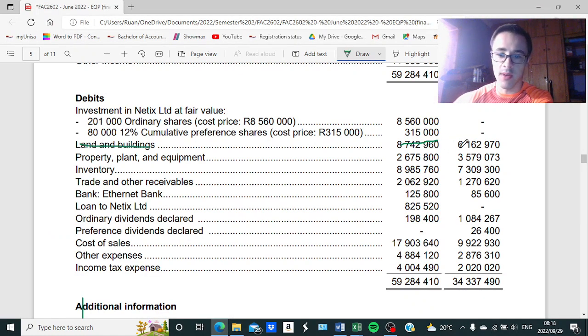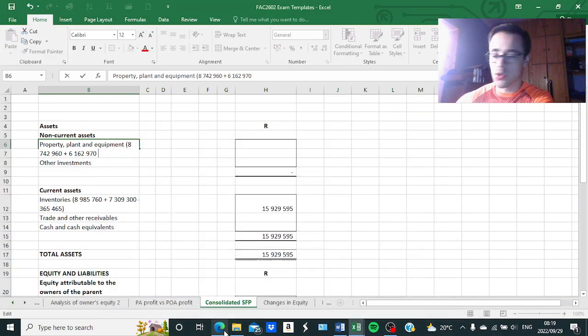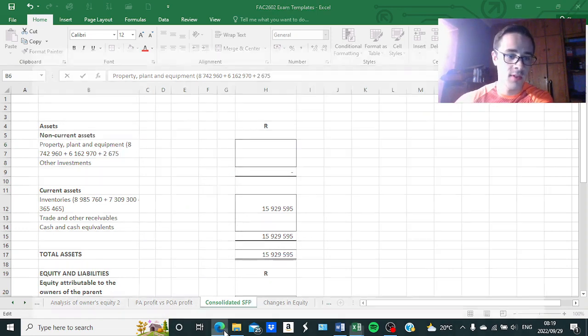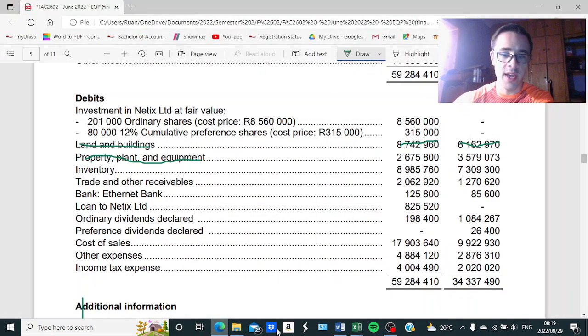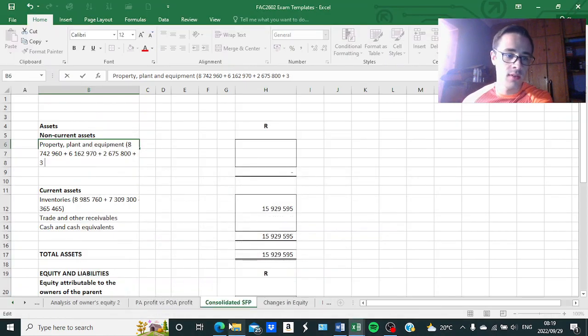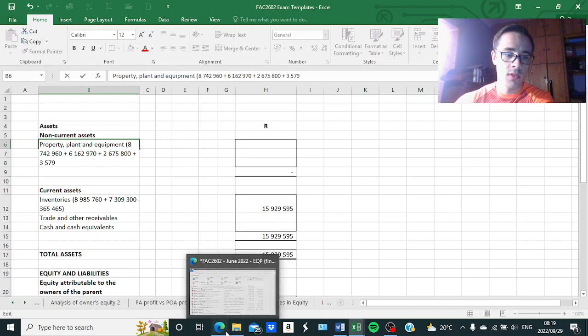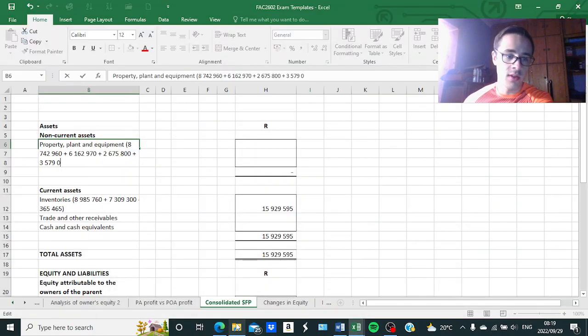Once we have entered a certain amount, we will just cross it out. Then we have property, plant, and equipment, 2,675,800, and then we add 3,579,073. And then we need to subtract the unrealized profit of 87,000, and this is shown in calculation 1.